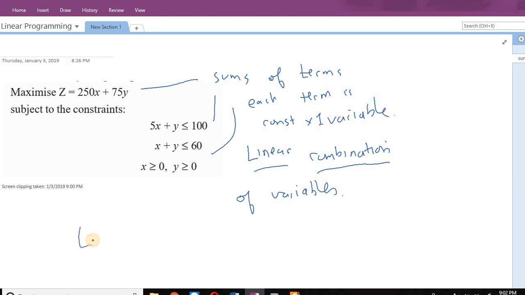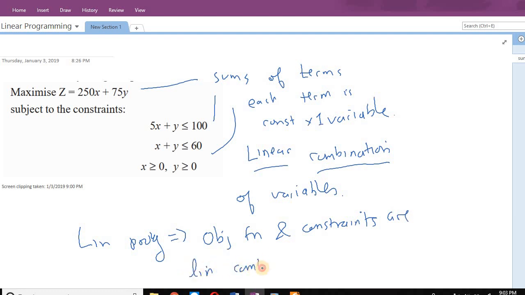Okay, so a linear programming problem means that the objective function and the constraints are linear combinations of the variables.